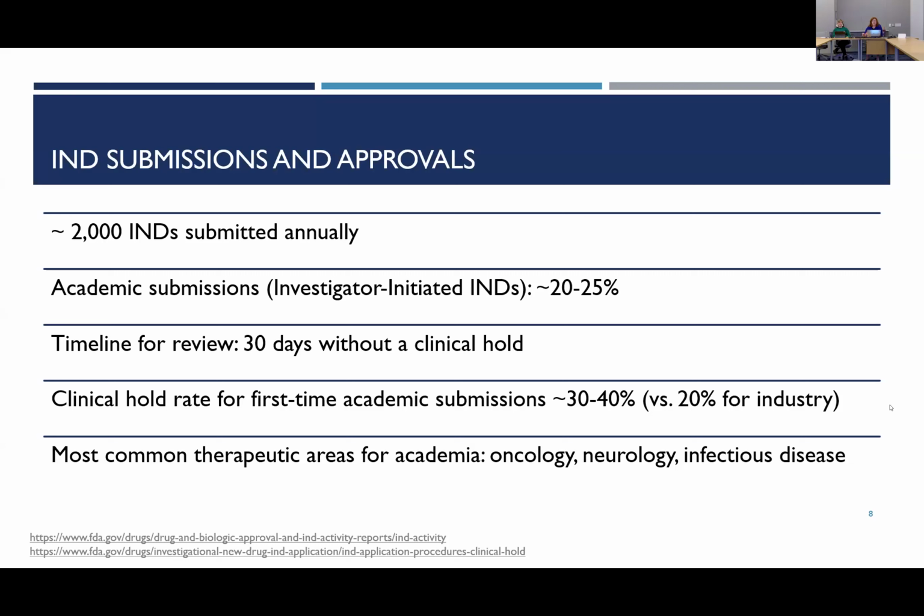But you can see also with that next data point that the clinical hold rate for a first-time academic submission is a little bit higher. 30 to 40% of those first-time submissions might be placed on a partial hold or a full hold, compared to 20% for industry, which really isn't all that surprising since we have our industry partners who have regular communication, and we might have institutions that don't have that regular communication with the FDA because it might be a little bit more rare to submit an IND.